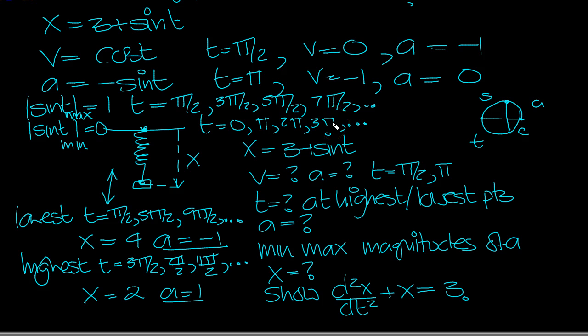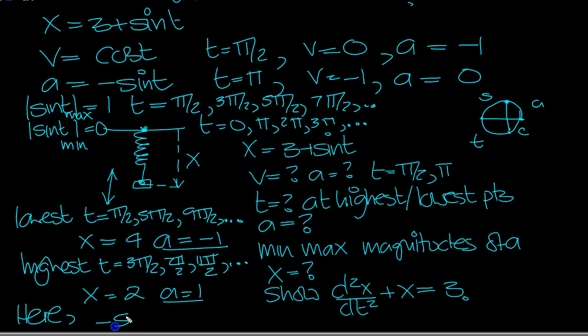Okay, now the next thing we've got to show, the last thing: d2x/dt squared plus x equals 3. Well, this is d2x by dt squared here. Let's just verify it.